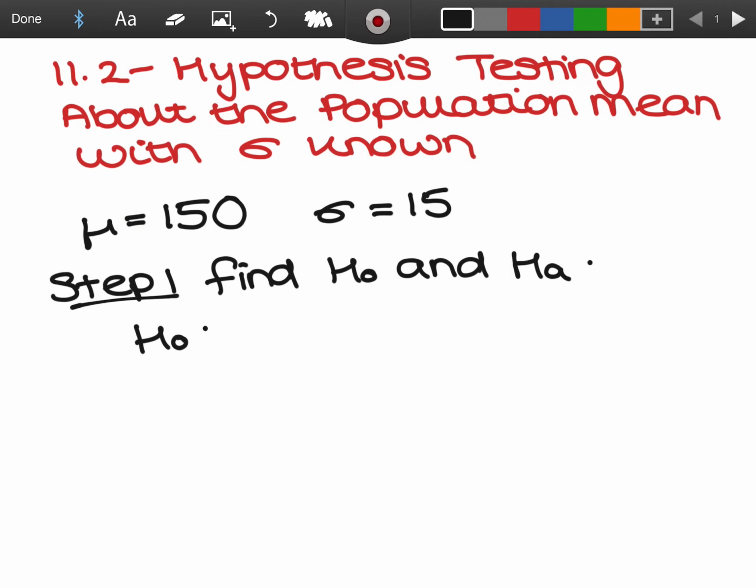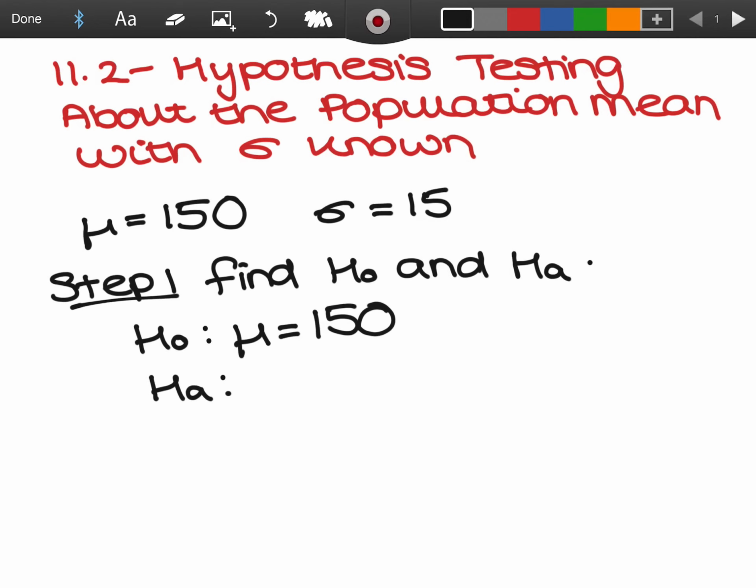Now remember, the null hypothesis always states that the mean in this case, or the population proportion, in this case we're looking at means, the null hypothesis always states that the mean stays the same, okay? That we're not changing anything from what we originally thought, it's going to stay exactly the same. So our null hypothesis is just that the population mean stays exactly where it is. You always have equality when you look at your null hypothesis.